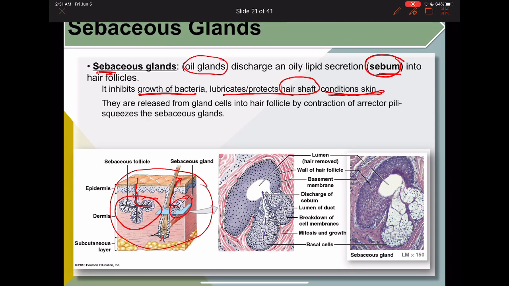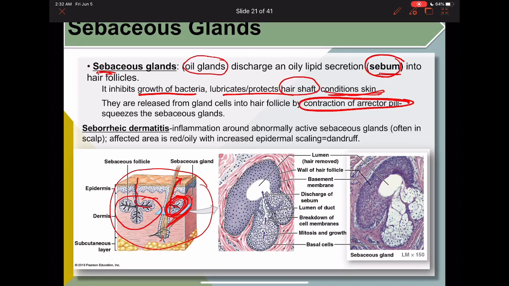Usually oil is released from gland cells into the hair follicle by contraction of the erector pili. So not only is the erector pili responsible for goosebumps, every time it pulls right here, it squeezes on this sebaceous gland, which then adds oil from the sebaceous gland onto the surface of the skin or the scalp, if we're talking about hair on top of your head.